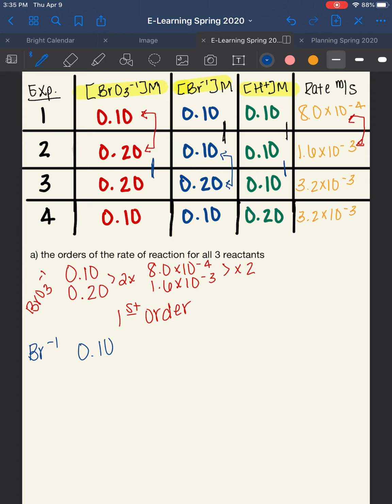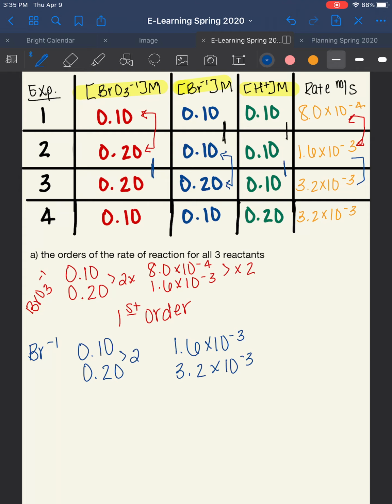For Br negative 1, we have 0.10, 0.20 for the concentration, and then for the rates, I have 1.6 times 10 to the negative 3, and for experiment 3, 3.2 times 10 to the negative 3. I'm comparing these two for Br negative 1.